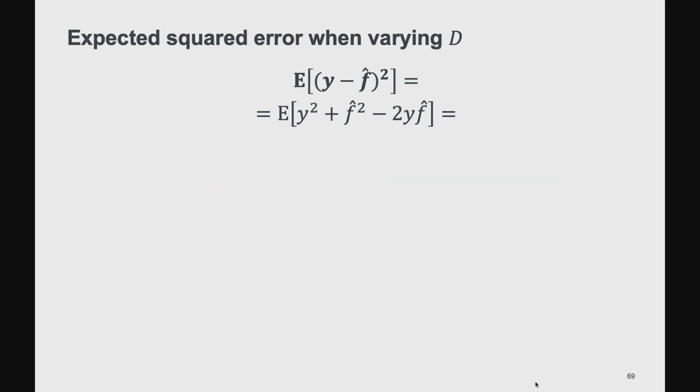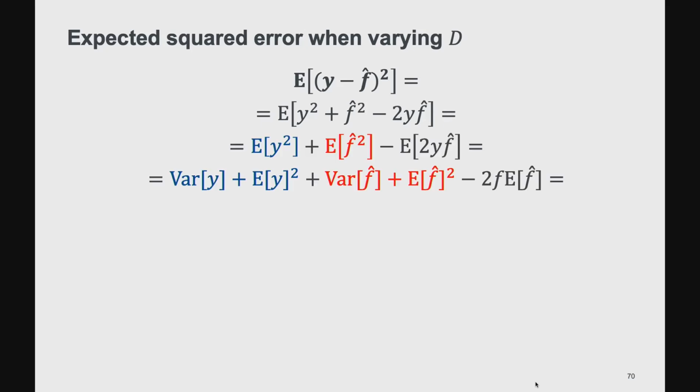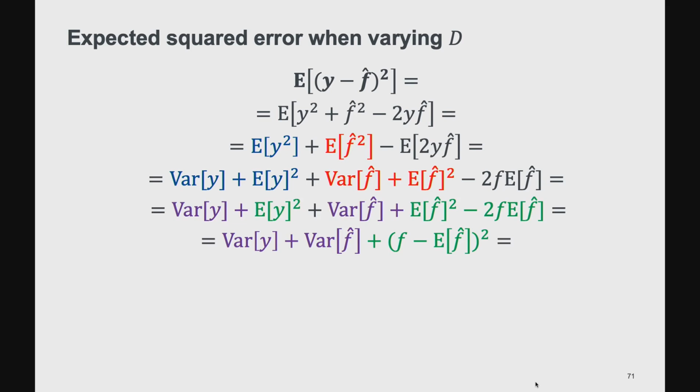and with the same method as before, up here. So what we get is variance plus expected value y squared for this blue term, and this red term we can take apart in this way, and this just stays here. And now we can rearrange things a bit in a clever way.